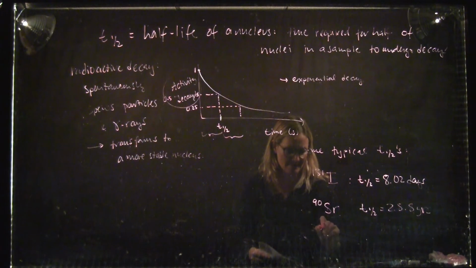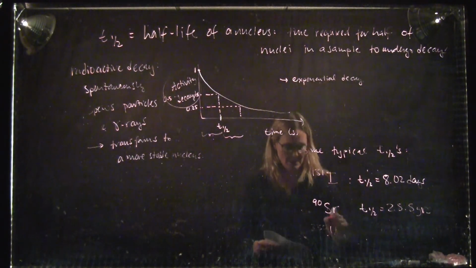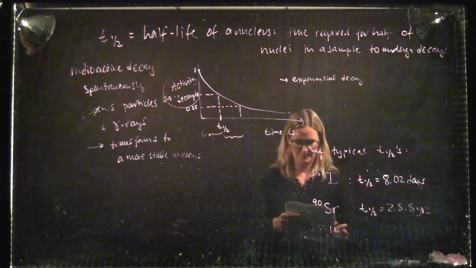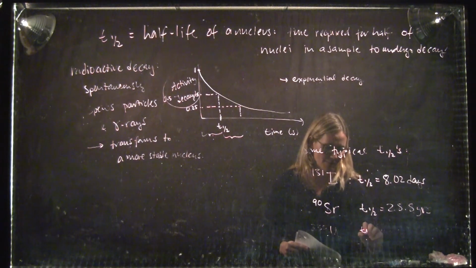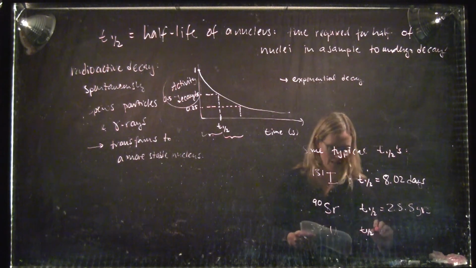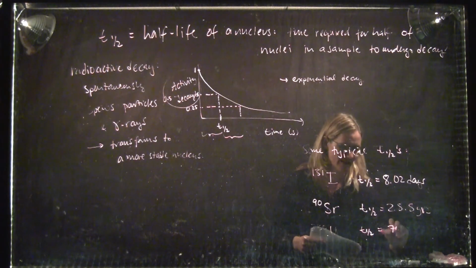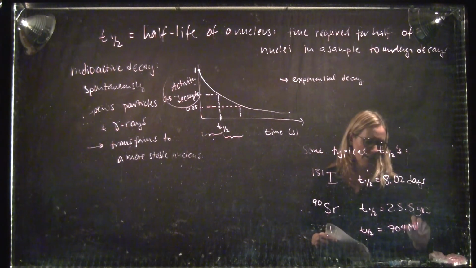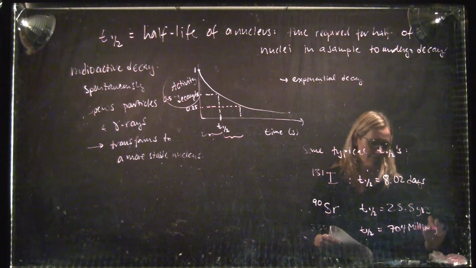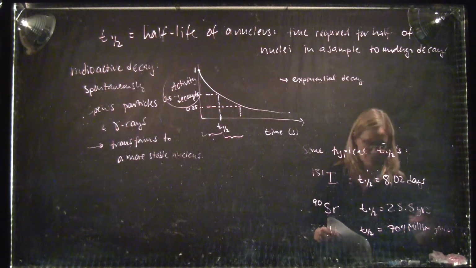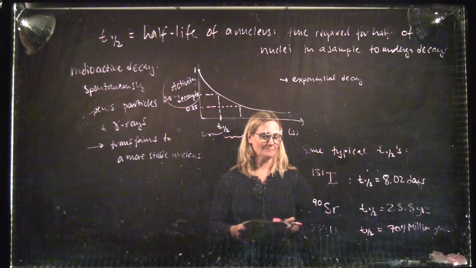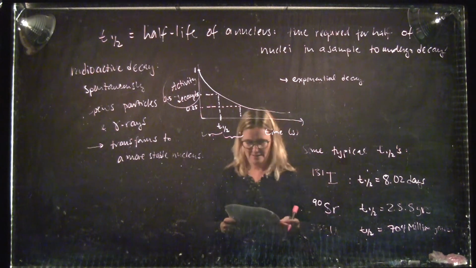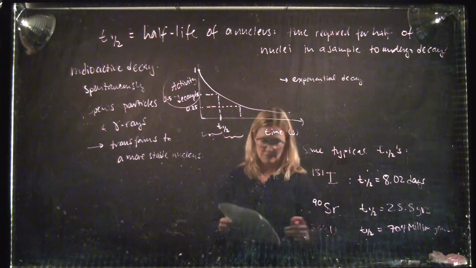Uranium-235, perhaps a rather famous isotope. So this is a relatively stable isotope of uranium. The half-life of this is 704 million years. So that's sticking around for a while. So this is among the longer half-lives.